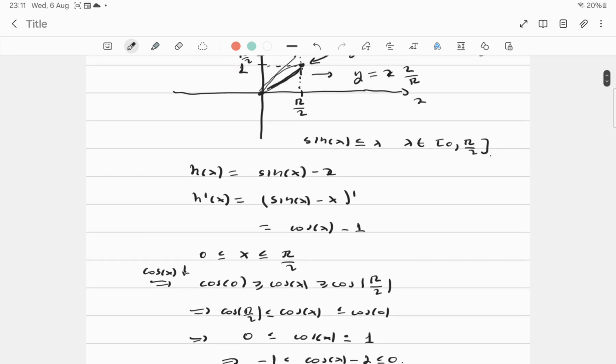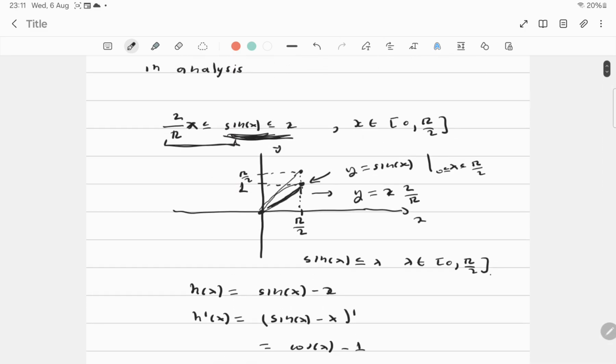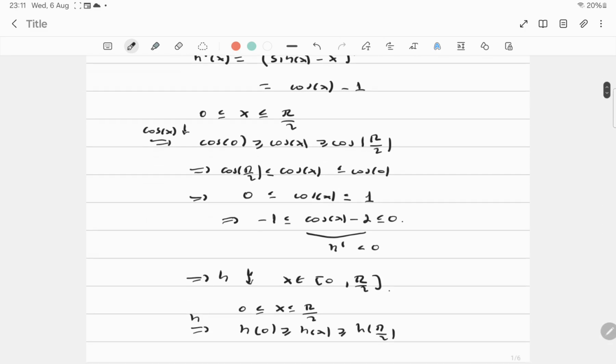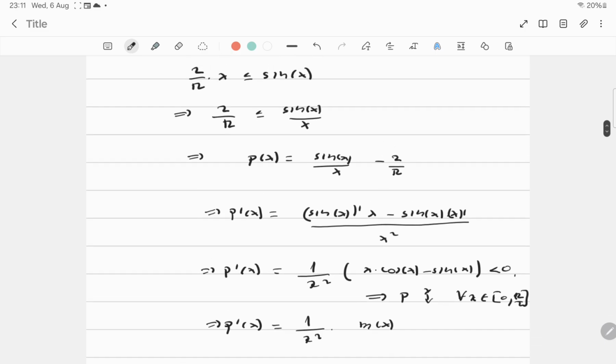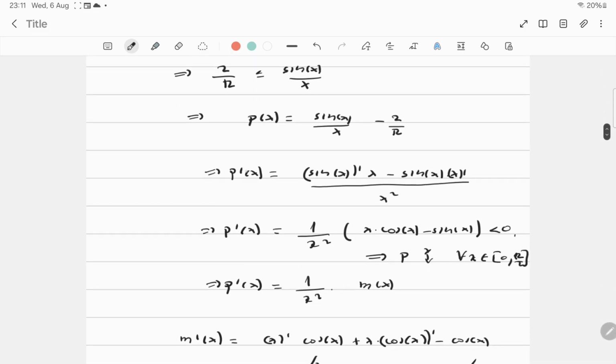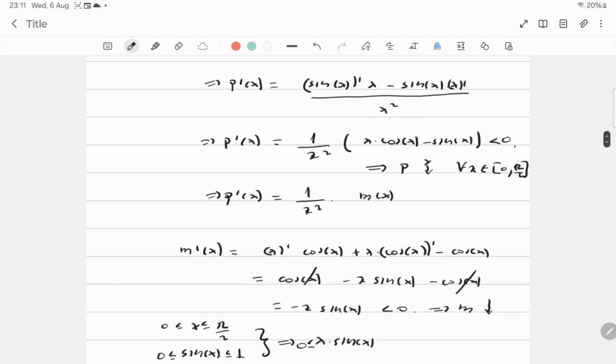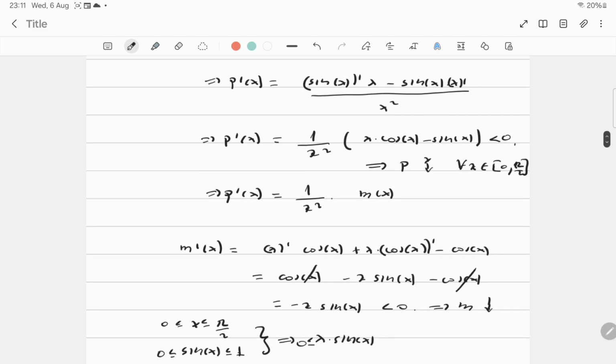The first part was straightforward. For the second part, I need to take the derivative of this function, and of course 1 over x squared is positive for every x in 0 to pi over 2, but I don't know the sign of this quantity here.